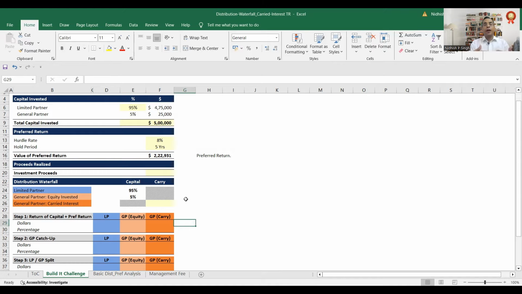So return of capital, as I said earlier, is the first thing: we must return all the capital to the original investor, whether it is GP or LP, and then provide a preferred return on that as well.